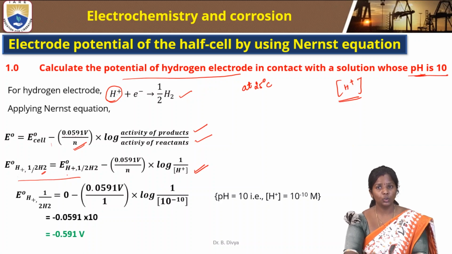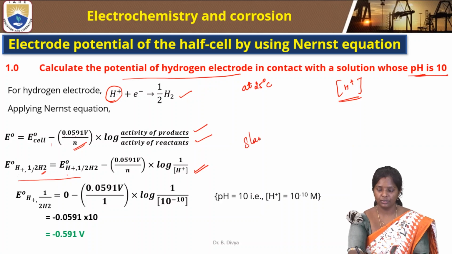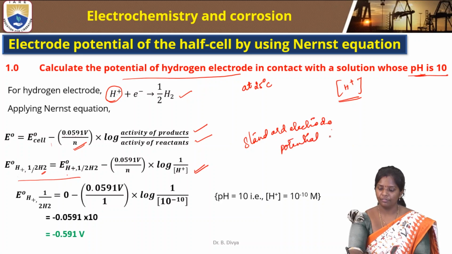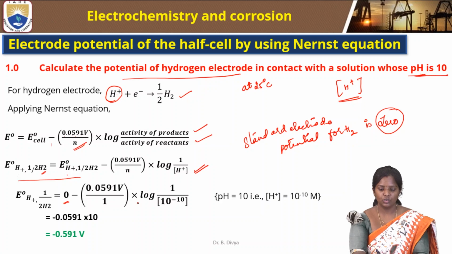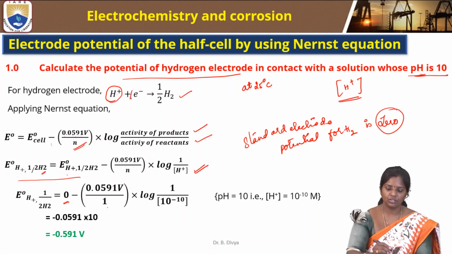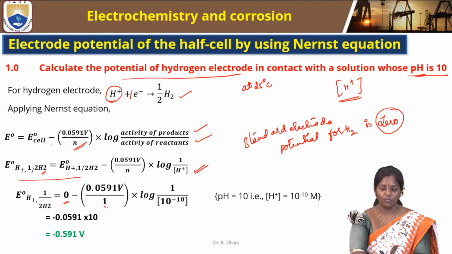Going to the next step, what is the standard electrode potential for hydrogen? The standard electrode potential for hydrogen is 0. So we are substituting 0 here, minus 0.0591 by 1 into log 1 by 10 power minus 10.